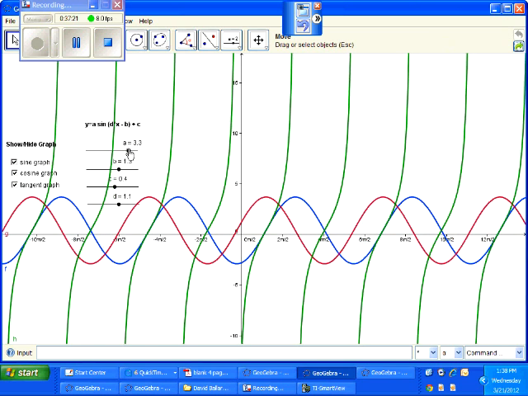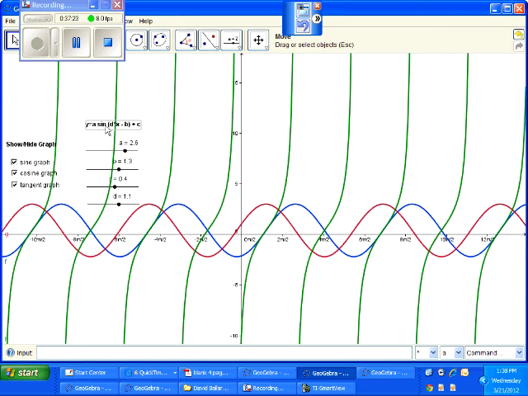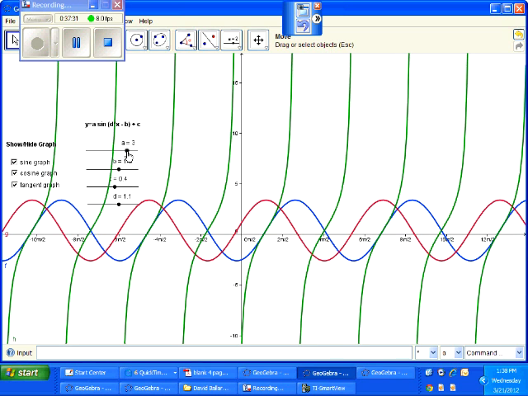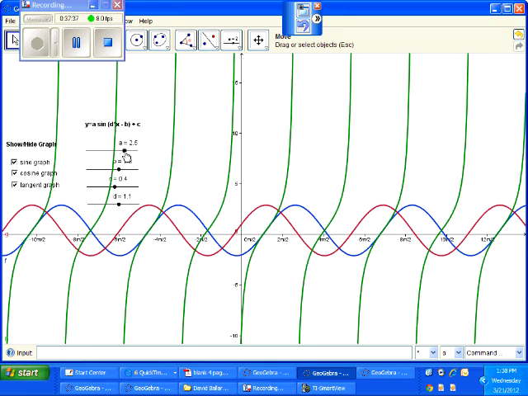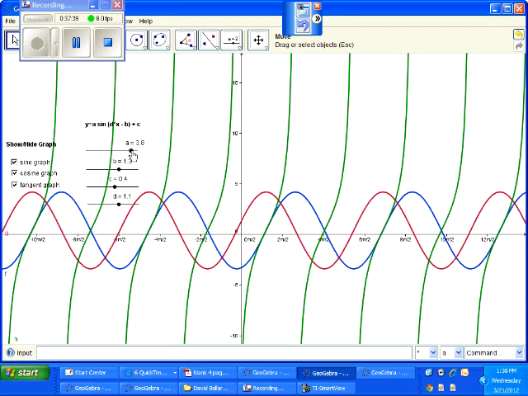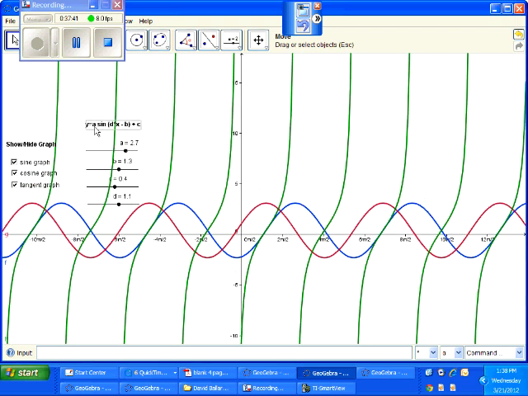Notice that it's got A, D, B, C. If I make A bigger, what's it going to change? Amplitude, right? It causes all my y's to get bigger or smaller by a multiple. I'm changing amplitude when I change the A.